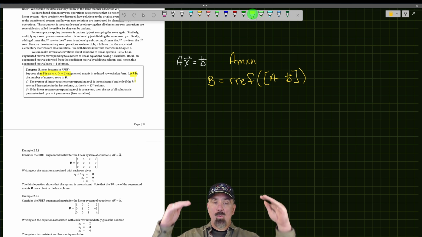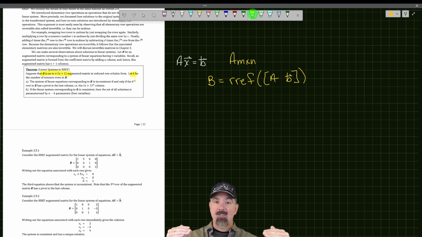We could start out with a system that has 5 constraints, 5 equations, and when we hit it with the RREF, 2 of those rows become all 0, which just means that 2 of the constraints were linear combinations of the other 3 constraints. That's what the RREF is telling us.